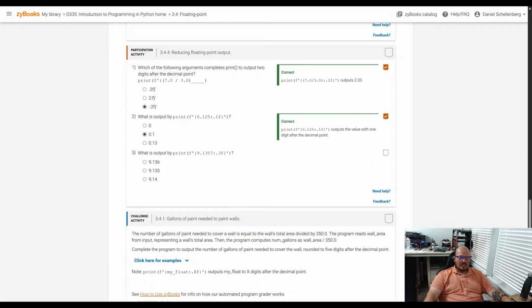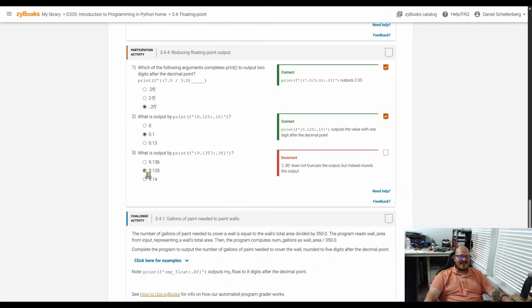And I believe you have to use the round function to make it round up. I don't think it will, I think it automatically rounds down. So I feel like it's going to be 1.135. So let's find out.